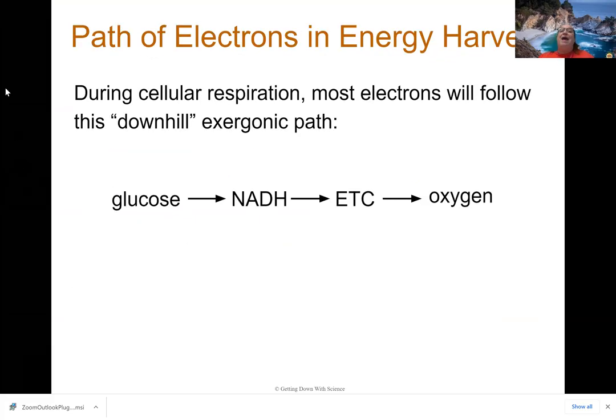So the path of the electrons in energy harvest. During the cellular respiration, most electrons will follow this downhill exergonic, giving off energy pathway. So we go from glucose to NADH to the electron transport chain to oxygen. We're saying that that's the path that the electrons are going to follow.